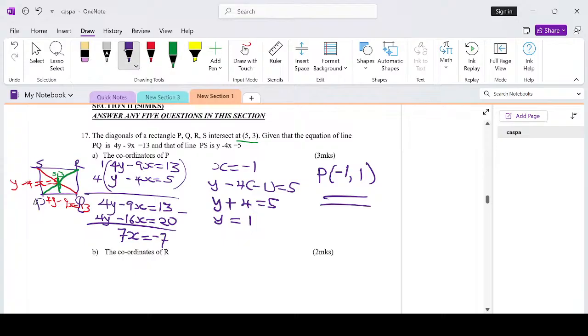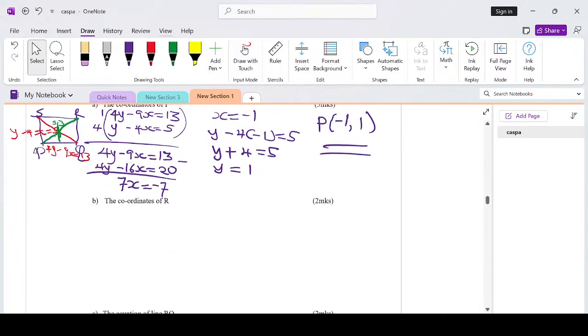Now they want us to get the coordinates of point R. For us to get the coordinates of point R, this is what we are going to do. Let's do it down here.